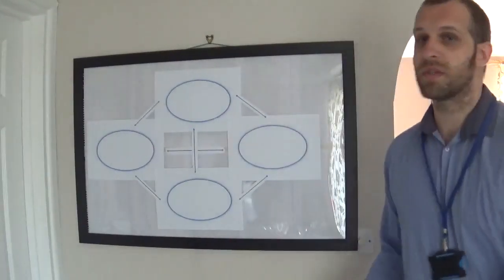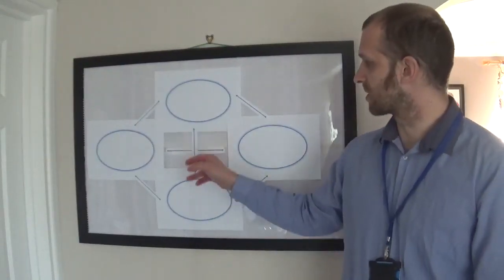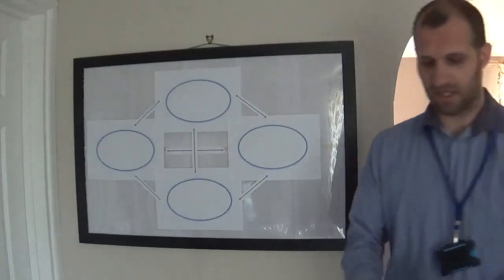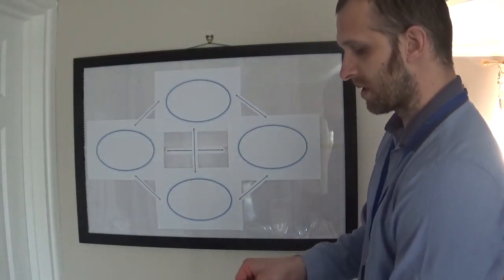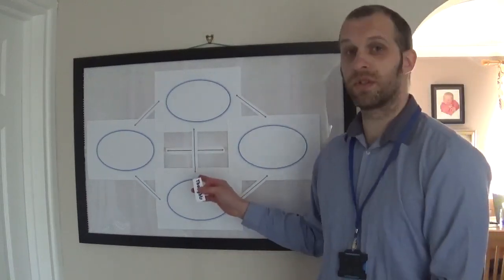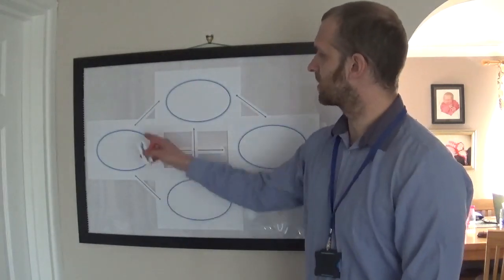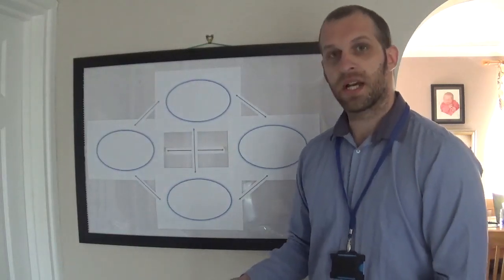So you'll notice there aren't any headings on here, it's just the circles and the arrows. So we're just going to put the headings on first. It doesn't matter what way round they go, because as I'm sure you noticed, the arrows all link, and that was something I'd hoped you were able to think about at the end of the last video.